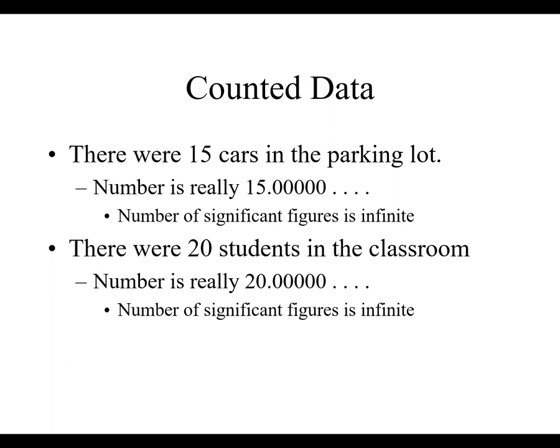And if you think about it, it makes sense that the number of significant figures is infinite, because if you had any finite number of significant figures, then you could make the number more precise by obtaining additional significant figures. But if a number is exact, its precision cannot be improved on. The only way that can come about is if we have an infinite number of significant figures, because then there's no way to increase them.